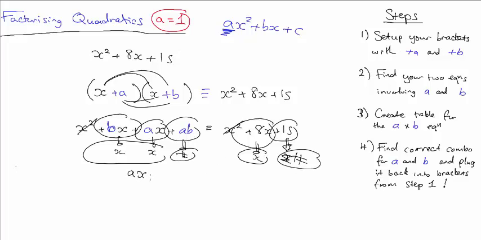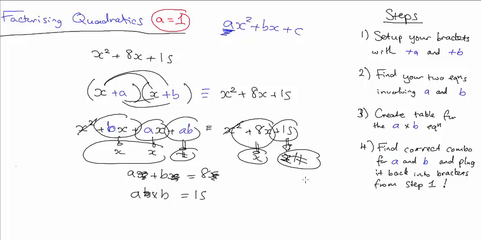So we've got ax plus bx is going to have to equal 8x, from which we cancel the x's from both sides, from every term. So we're left with a plus b equals 8, so that's our first one. And finally, a times b equals 15. You follow me? Hopefully you follow me.